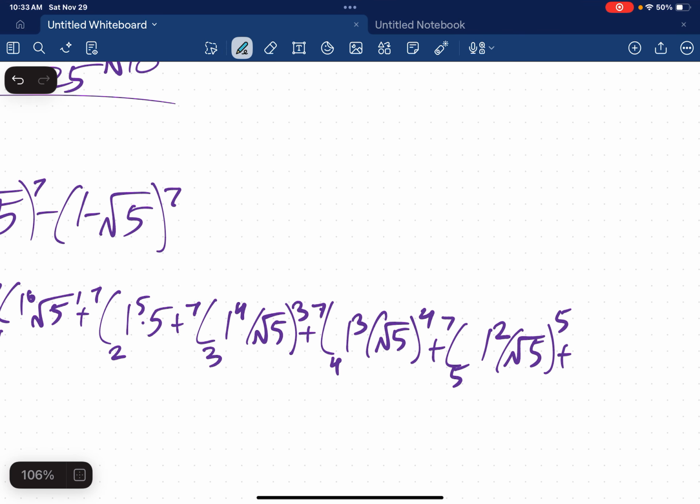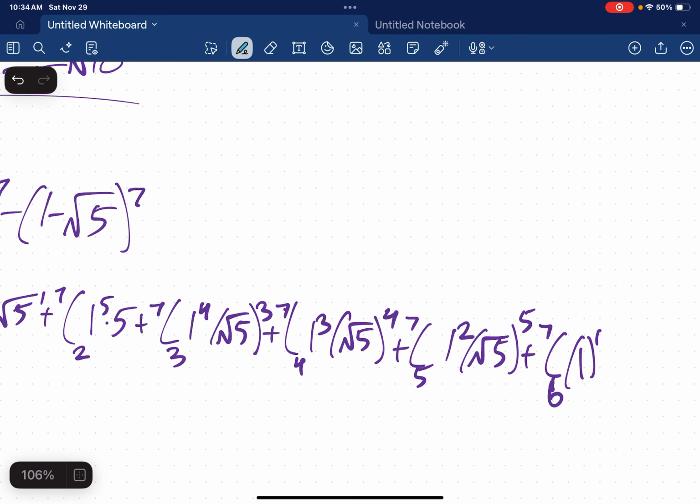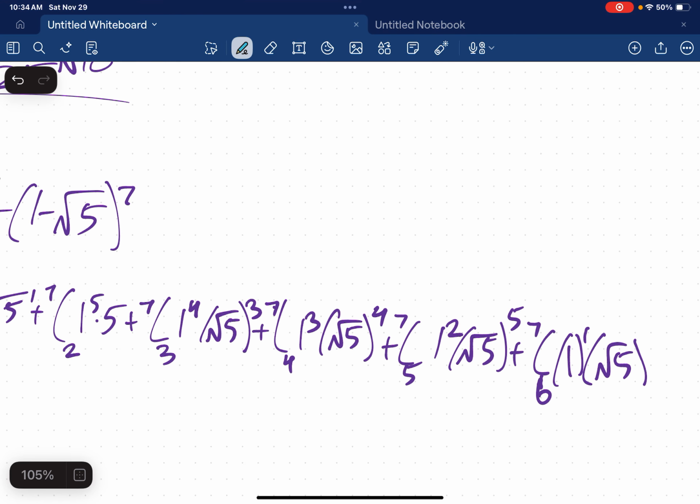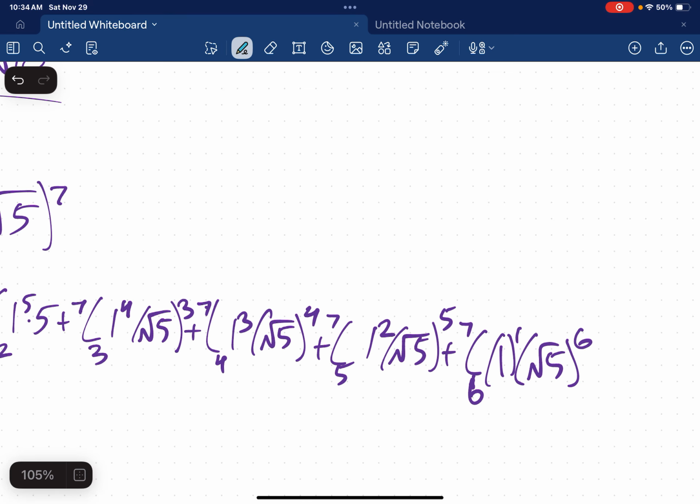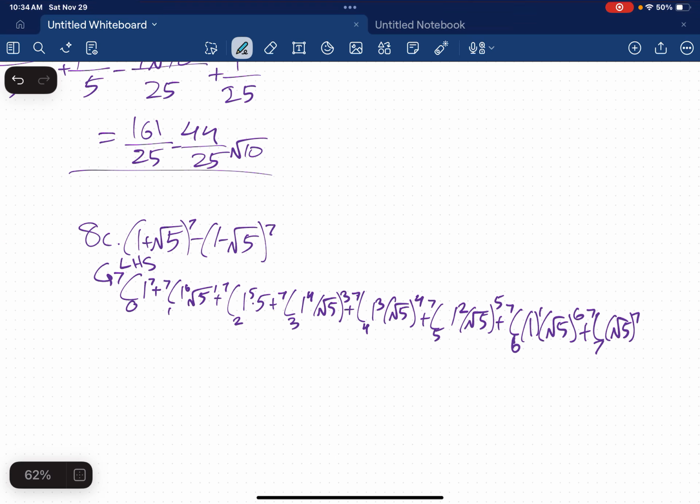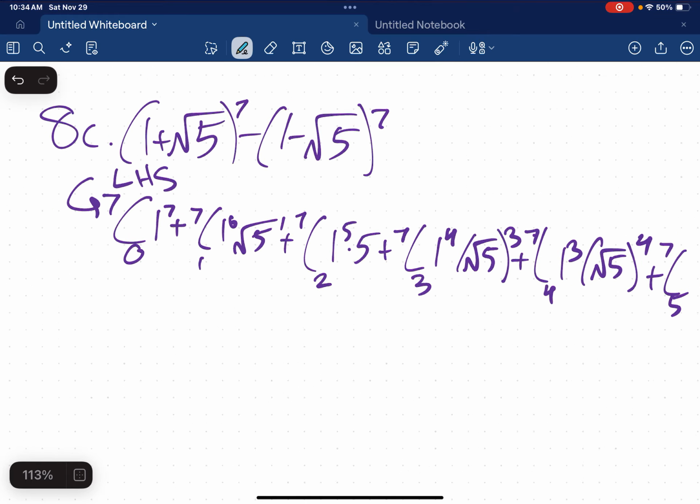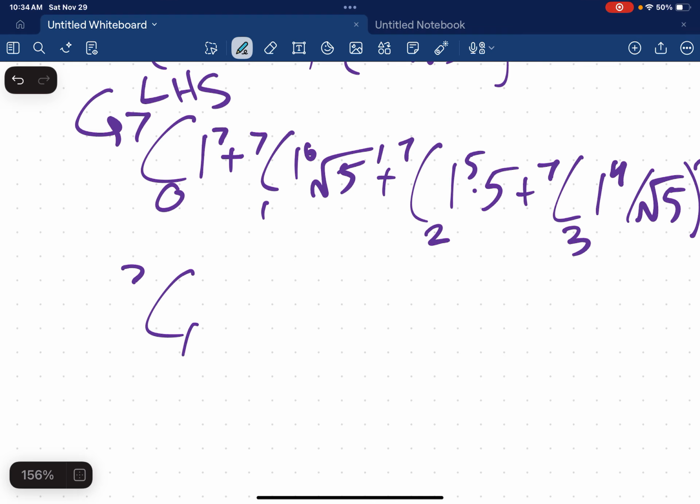Fifth. So I'm going to choose 6. 1 over 1. Plus 7 choose 7. Okay, I'm not going to solve that yet because I want to write out this next one and see if there is a pattern.